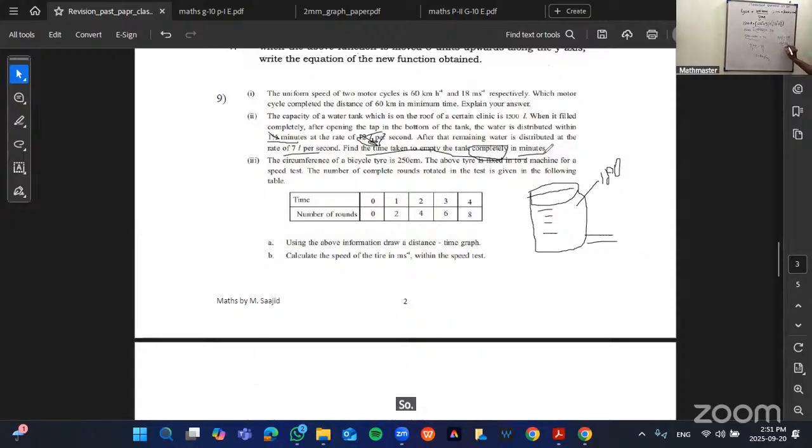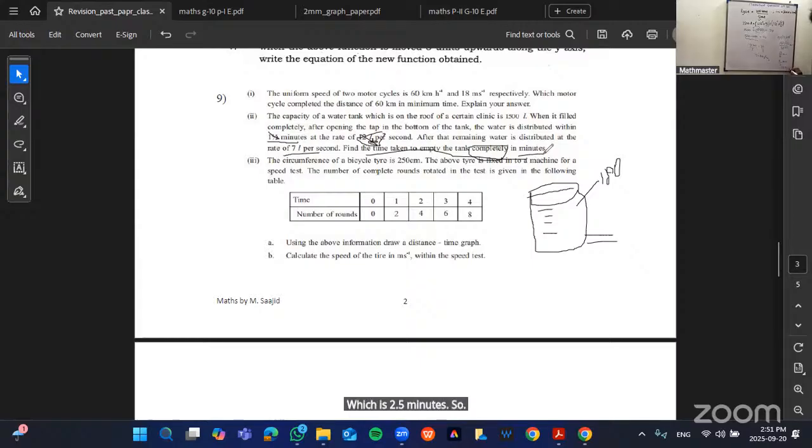But still they ask you to convert the seconds into minutes. So how do you convert seconds into minutes? Divide by 60, because 60 seconds is 1 minute. Then seconds cancel, it becomes minutes. So 150 divided by 60 is 5 over 2 minutes, which is 2.5 minutes.